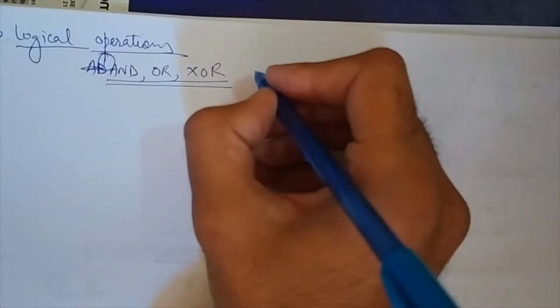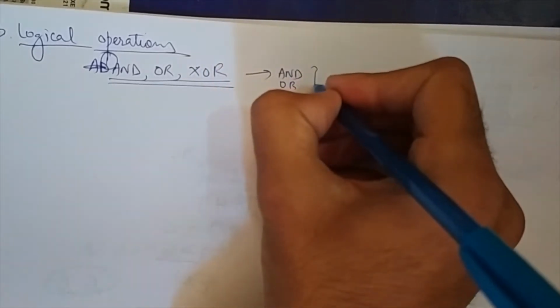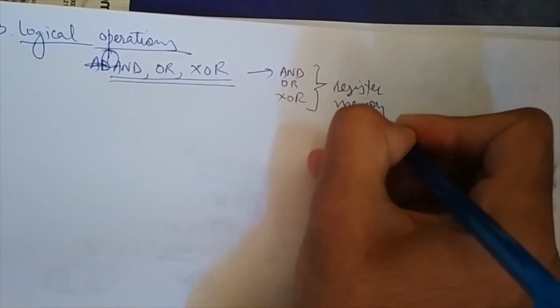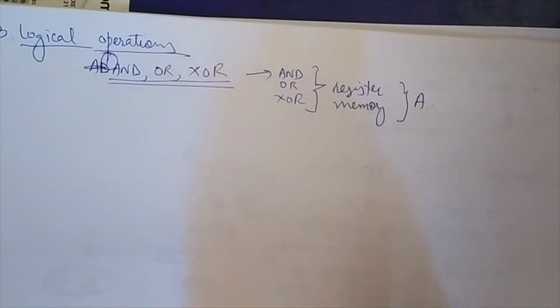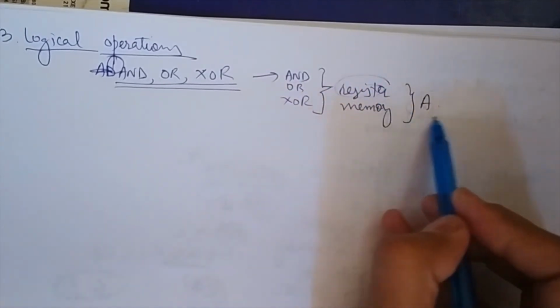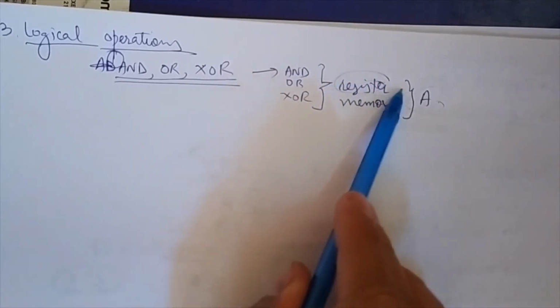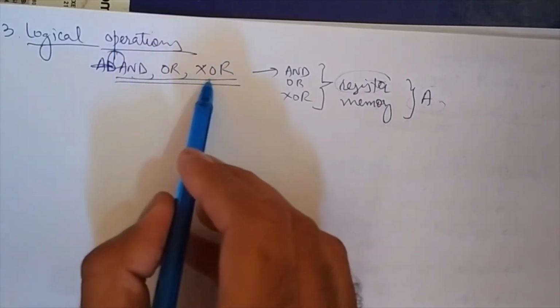These operations are required if you have to logically AND, OR or XOR the contents of some register or some memory location with an accumulator. So we will XOR the contents of a register with accumulator and store the result in accumulator. Likewise, AND the contents of register with an accumulator and store the result in accumulator. For those particular purposes, we require these instructions.